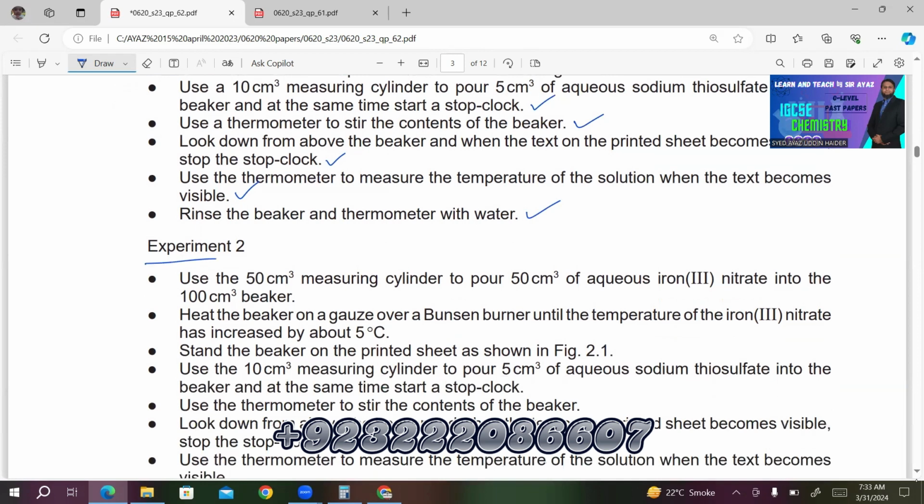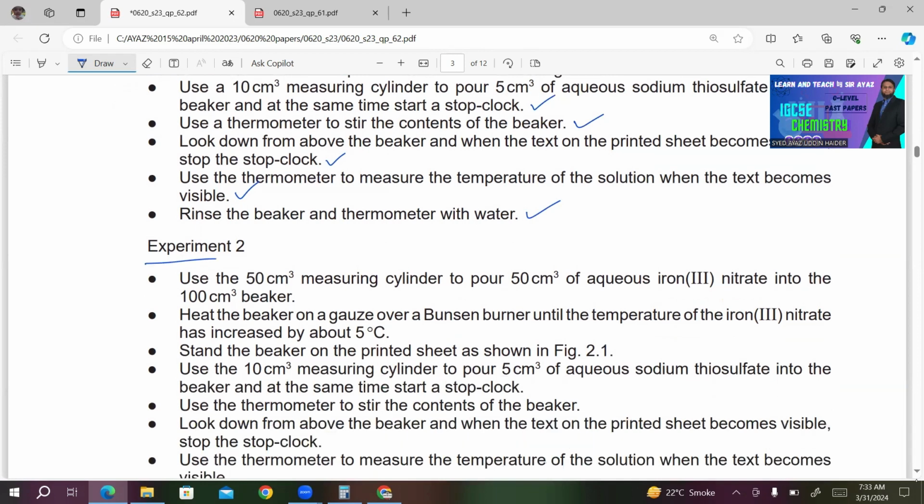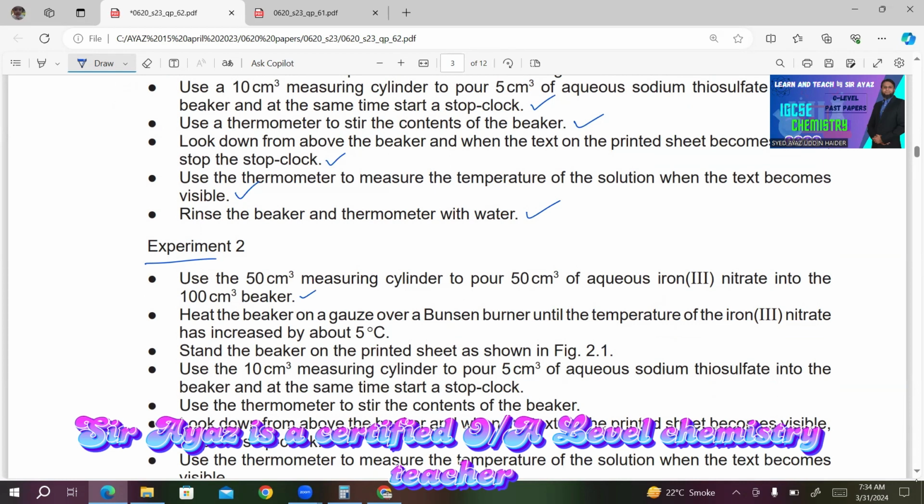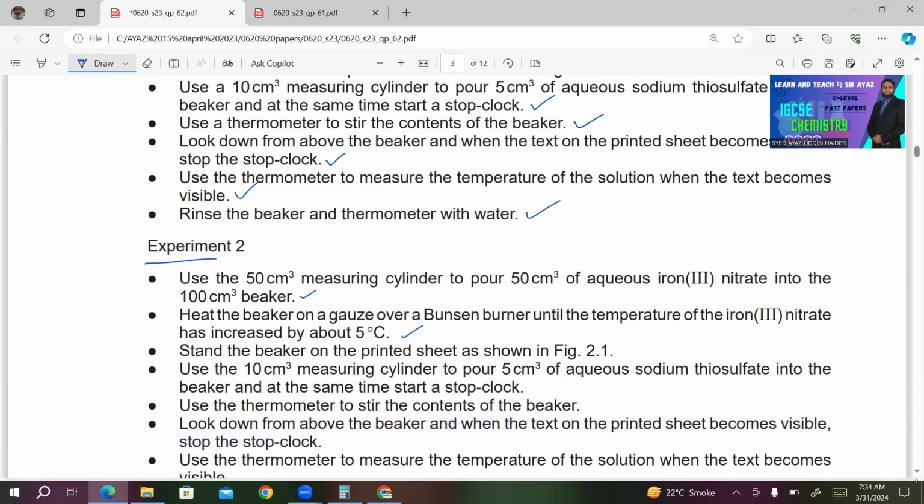Experiment 2. Use a 50 centimeter cube measuring cylinder to pour 50 centimeter cube of aqueous iron 3 nitrate into the 100 centimeter cube beaker. Heat the beaker on a gauze over a Bunsen burner until the temperature of the iron 3 nitrate has increased by about 5 degrees centigrade. Stand the beaker on the printed sheet as shown in figure 2.1.